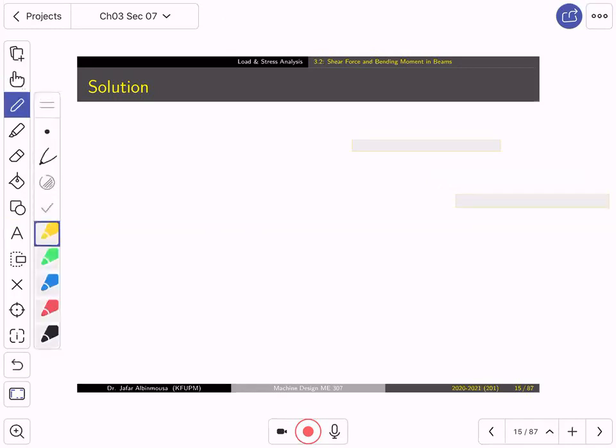Okay. Now, if you look, we will have for the first one a reaction RA, and then a reaction RB, and then we have a 10 kilo-pound force. This is 2 feet, and the distance here is 3 feet. Over here, we have a reaction RC, and over there a reaction RD.